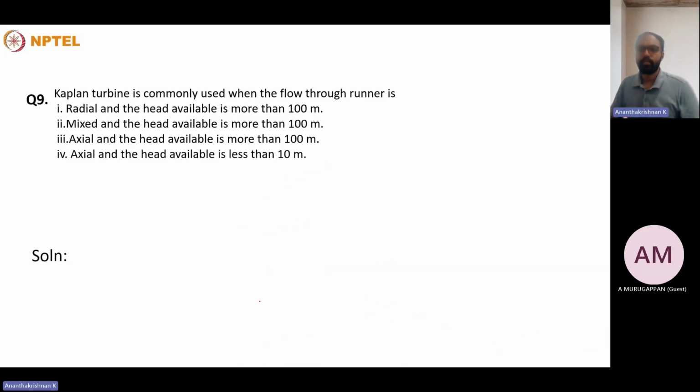Look into the next problem. This is regarding the head which is associated with the Kaplan turbine.